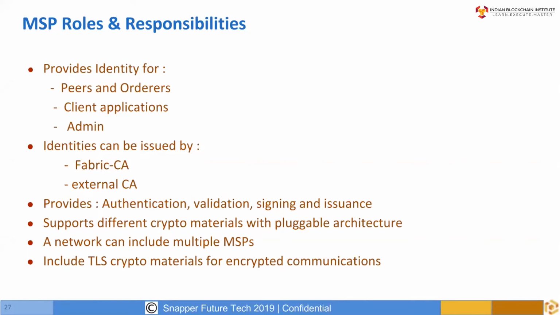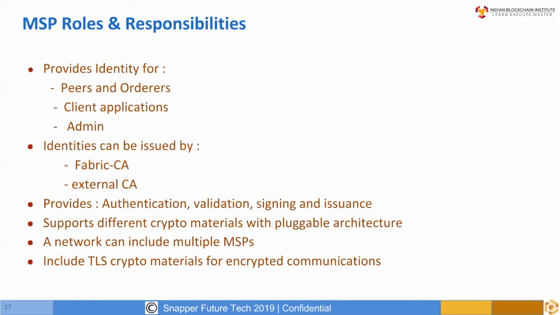I'll mention it later. Identities can be issued by Fabric CA, which is provided by Fabric, or you can use an external CA, like OpenSSL, which is third party. Fabric CA provides authentication, validation, signing, and issuance. It supports different crypto materials with a pluggable architecture. A network can include multiple MSPs.